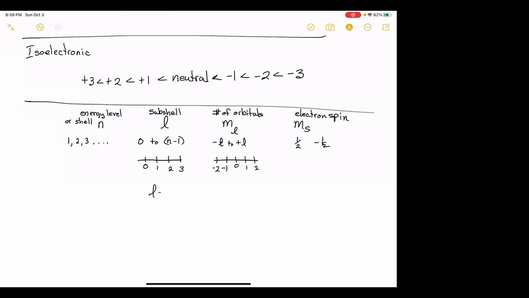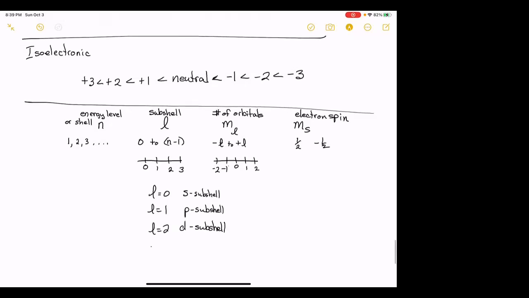With L, if L comes out to be equal to 0, it will be an S subshell, always. If L is equal to 1, it will be a P subshell. If L is equal to 2, it will be a D subshell. And if L is equal to 3, it will be an F subshell. Always. That's just what their numbers indicate.